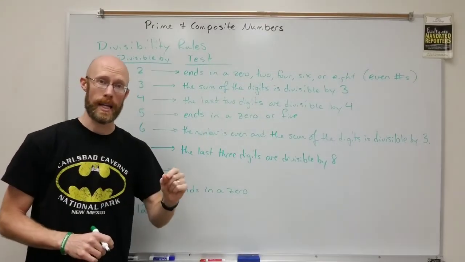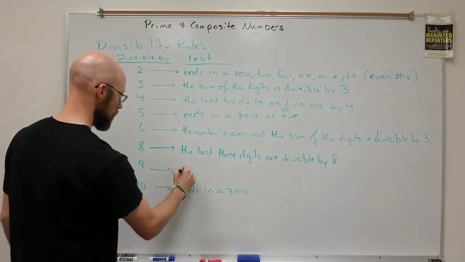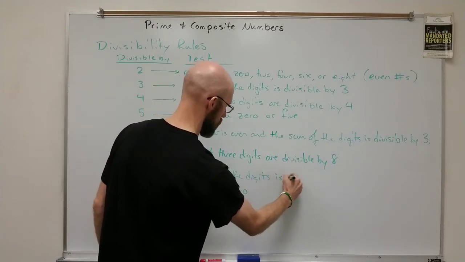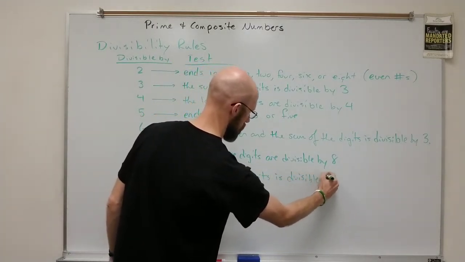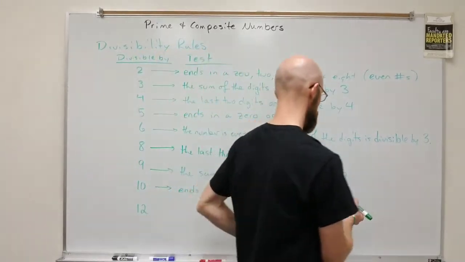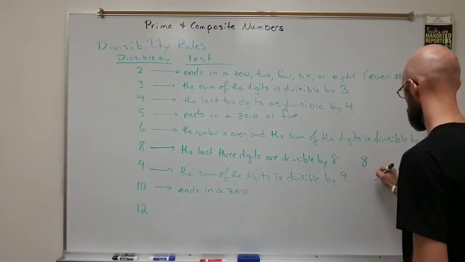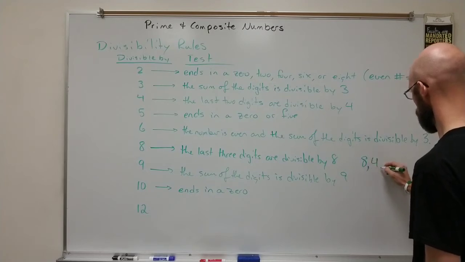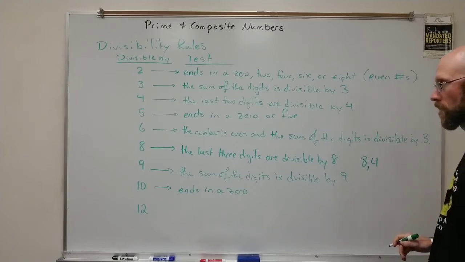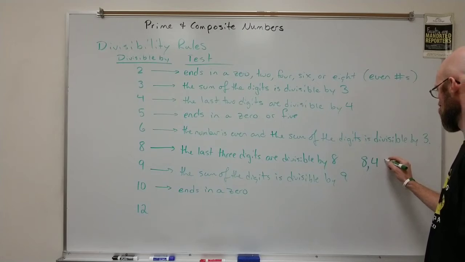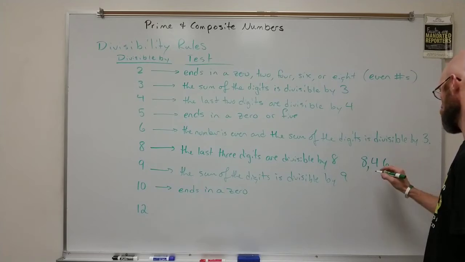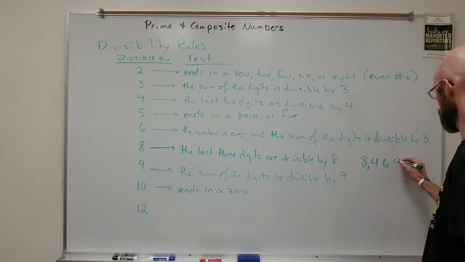If the sum of the digits is divisible by 9, then the number is divisible by 9, okay? An example of that might be 8,469.